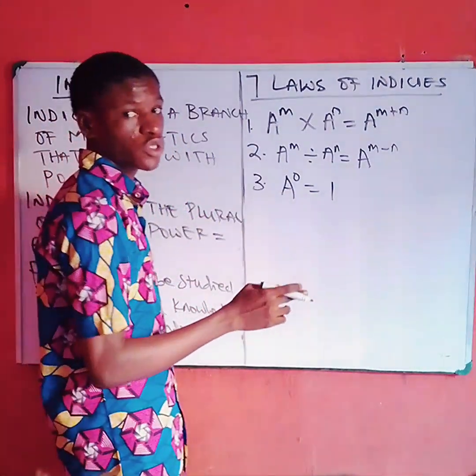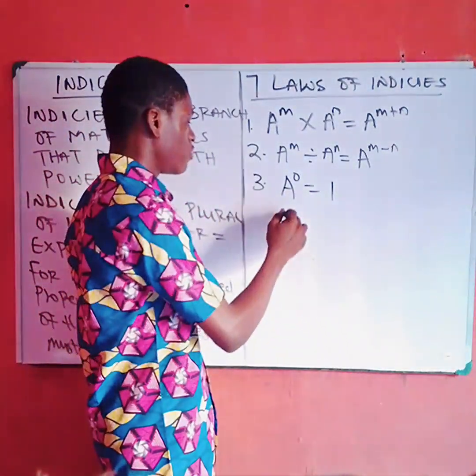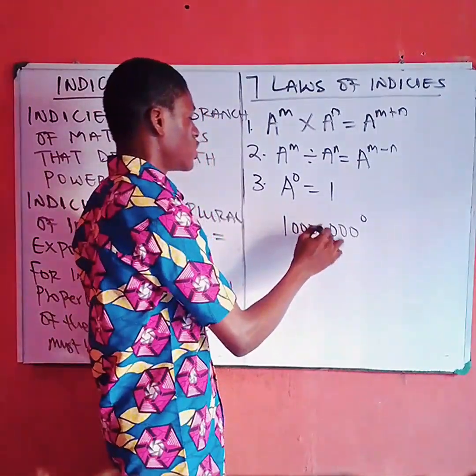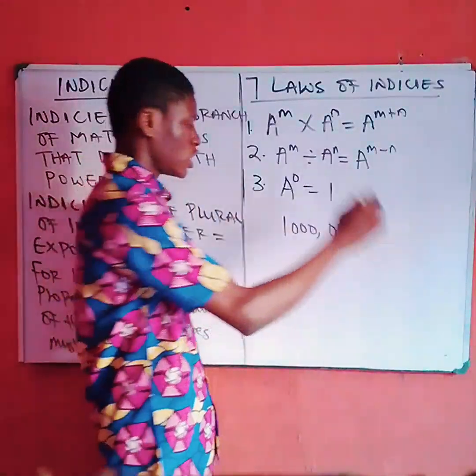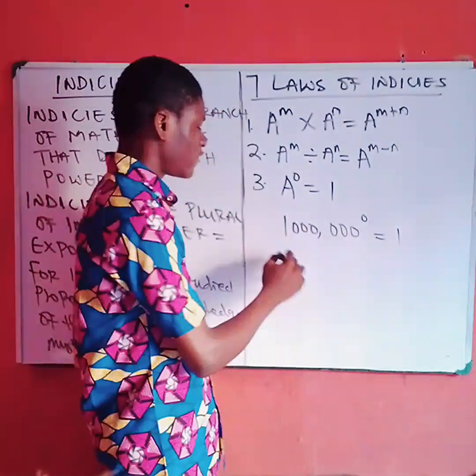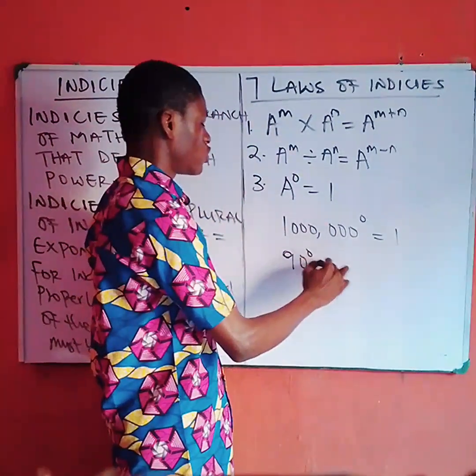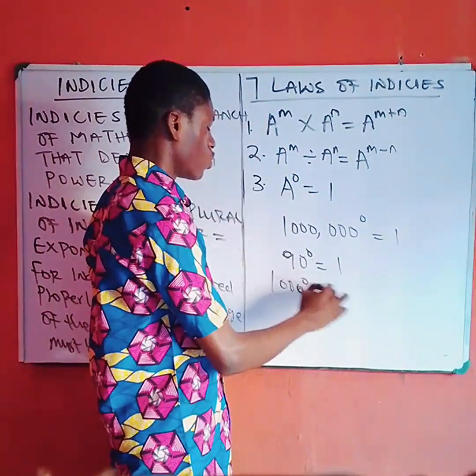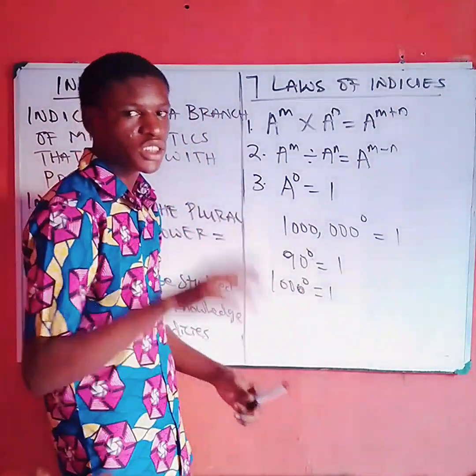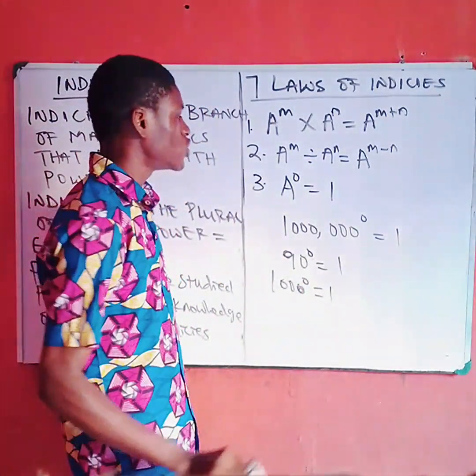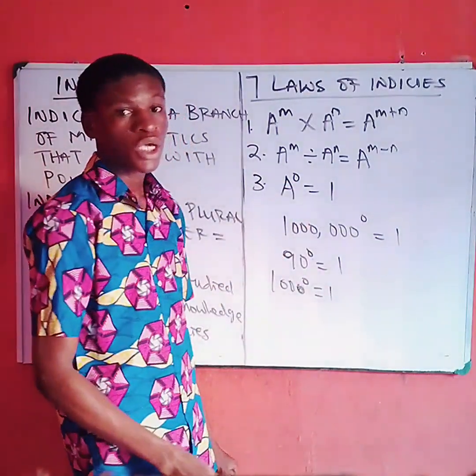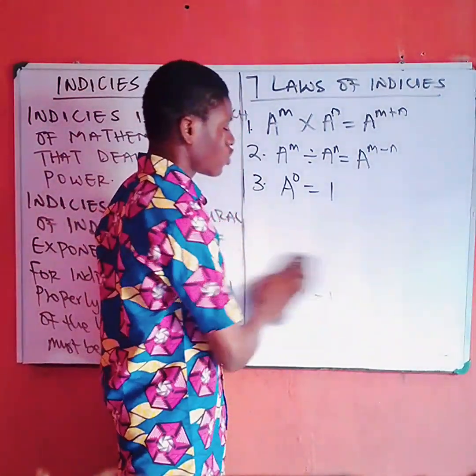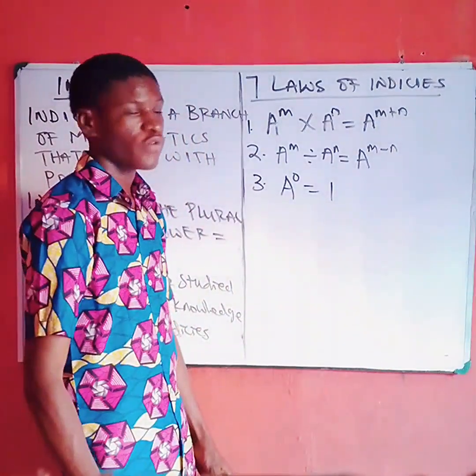Anything raised to the power of 0 is equal to 1. 1 million raised to the power of 0 is equal to 1. 90 raised to the power of 0 is equal to 1. 100 raised to the power of 0 is equal to 1. Any number raised to the power of 0 is equal to 1. So that is the third law of indices that we have noted.